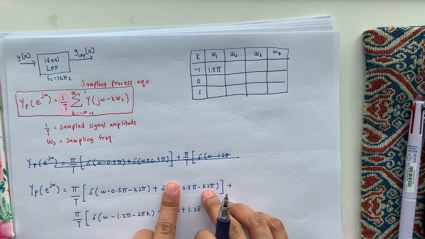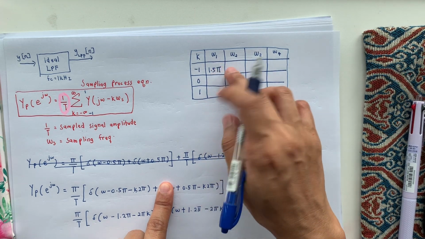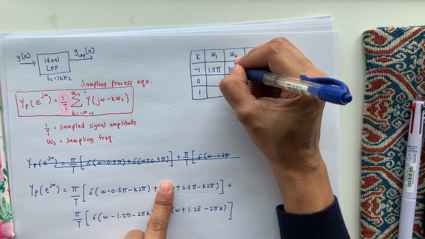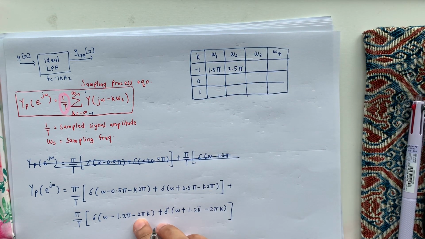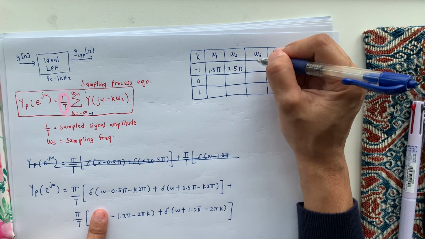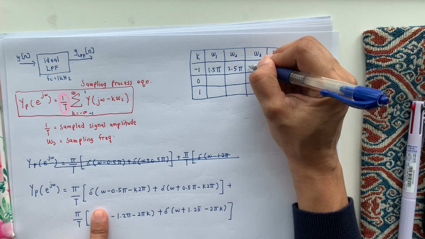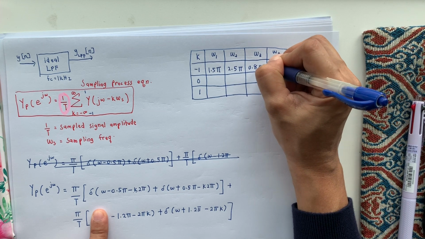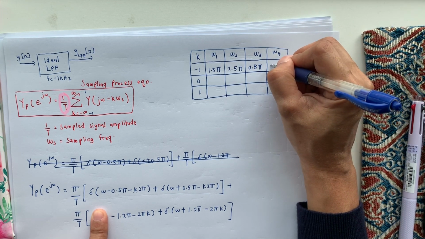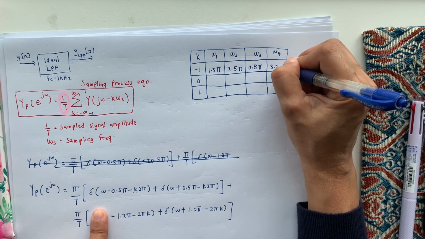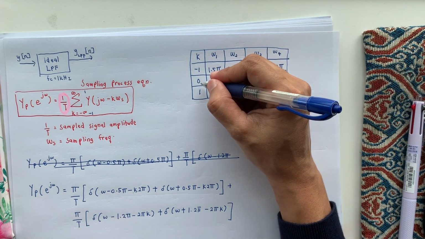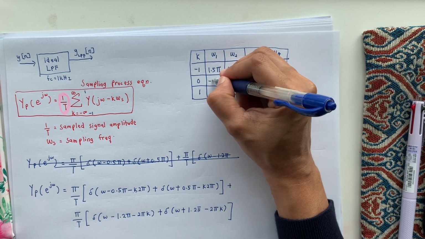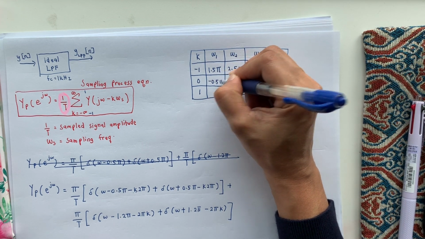This one, you substitute k equal to minus 1, so you will have 2.5 pi. Same goes to this one, you substitute k equal to minus 1, then it is 0.8 pi. Then we have 3.2 pi. Same goes to the others when k equal to 0 and 1. So you will have these values.